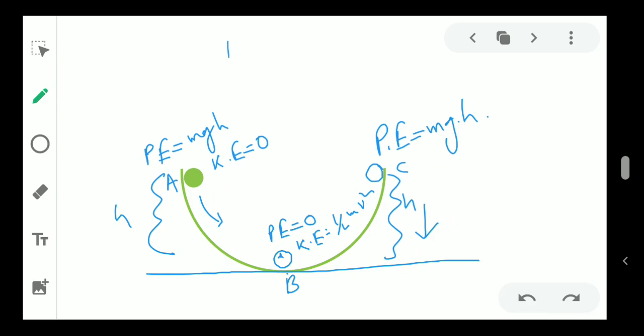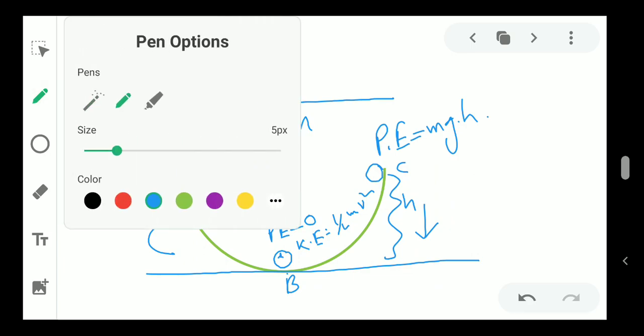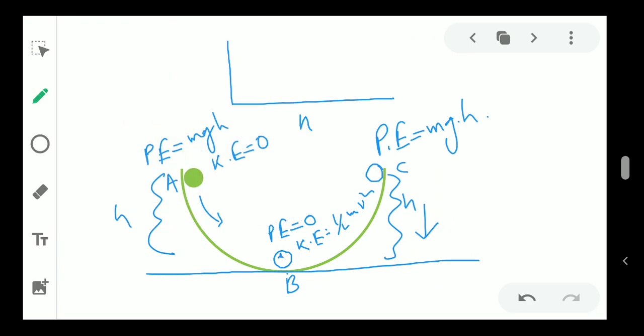So what is happening if we draw a graph here? Let's say this is our energy and this is time, so it will be relevant that way.